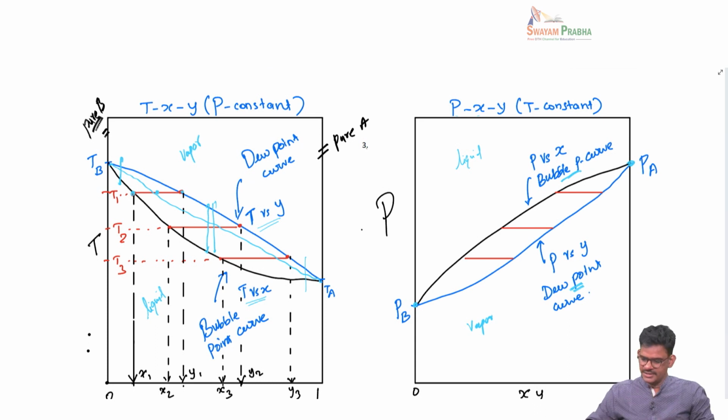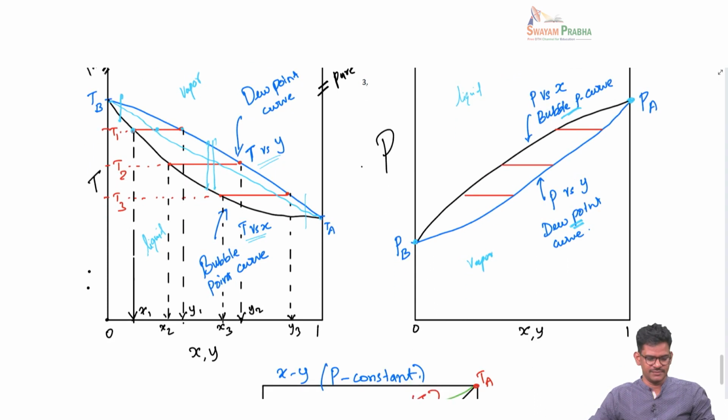So the x-axis is basically the mole fraction. Here there are three variables: x, y and P, or x, y and T. Ideally I should be showing this in a three-dimensional diagram, but luckily two of the variables, x and y, have the same range. So I am representing a three-dimensional diagram in a two-dimensional diagram by having a common x-axis representing both x and y.